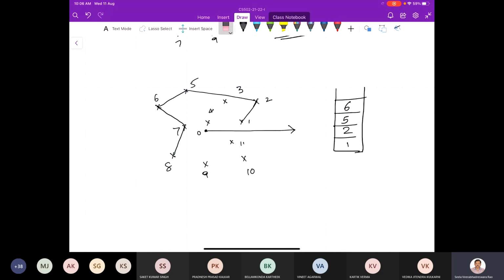Next, you look at 5, 6, 8. It's a left turn, so you push it onto the stack. This way we proceed till the end. At the end, whatever is left on the stack forms the convex hull.